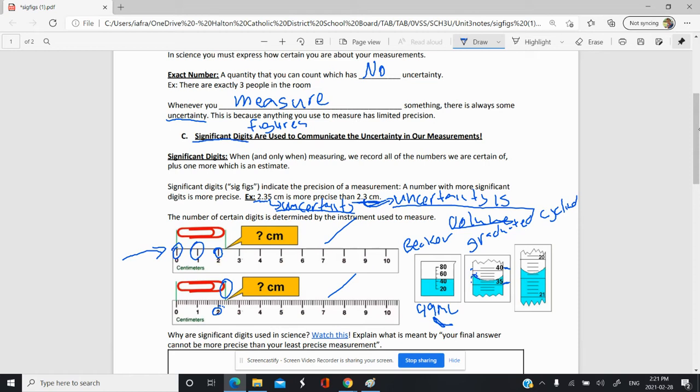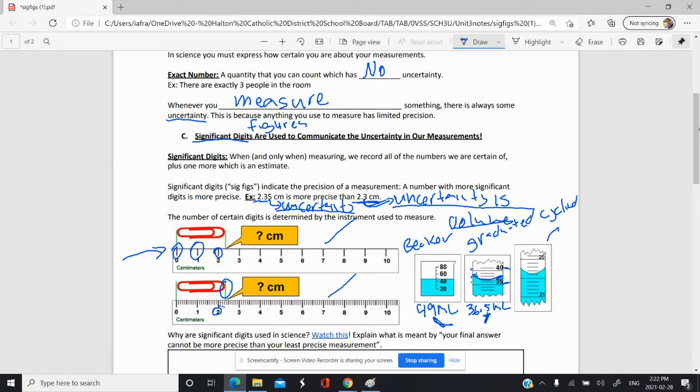When you measure the water, remember you have to measure from that meniscus, this little curve there. So it looks like I know I'm 36, and then maybe in between 36 and 37, so 36.5 milliliters. And this is where my uncertainty is now. I'm more precise though. My uncertainty is in the 10th place over here. And I can get even more precise than that.